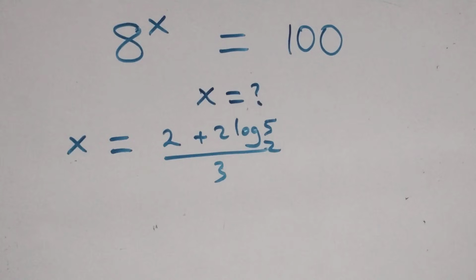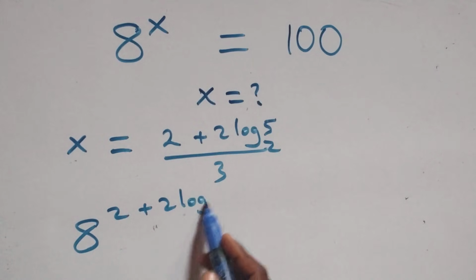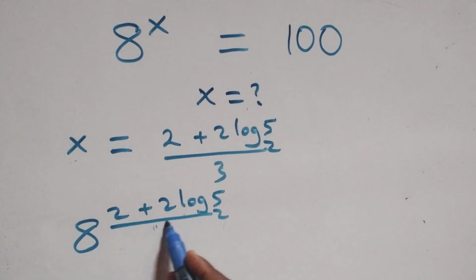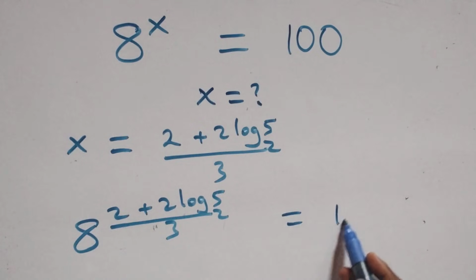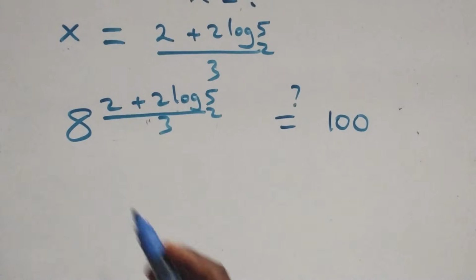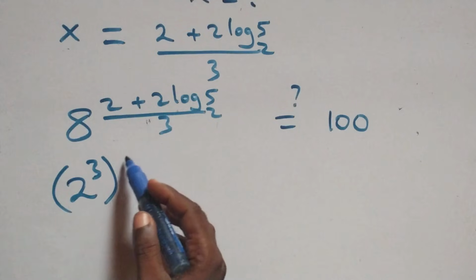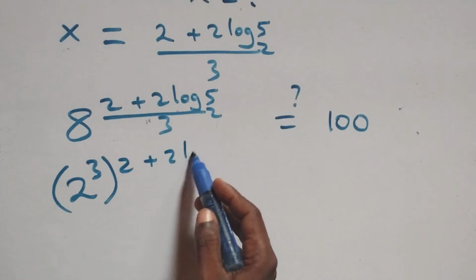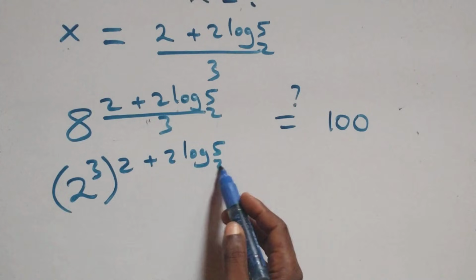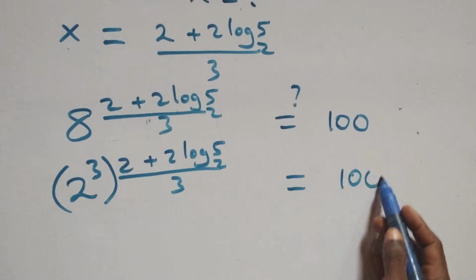What we have here becomes 8 raised to power 2 plus 2 log 5 base 2 all over 3. Is it equal to 100 on this side? Then from here, we can write it as 2 raised to power 3, which is raised to power 2 plus 2 log 5 base 2 all over 3. Is it equal to 100 on this side?